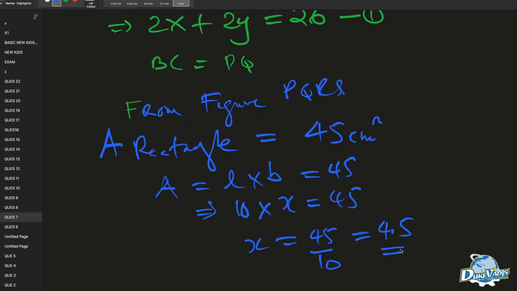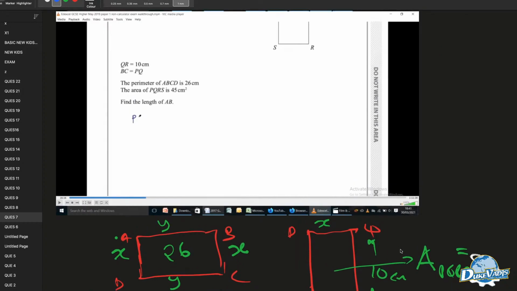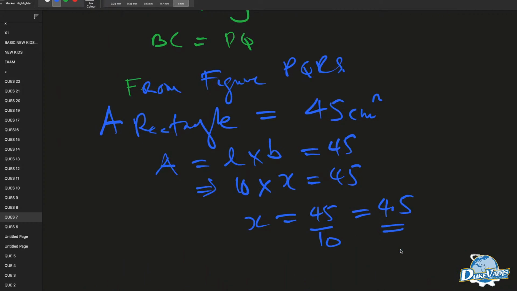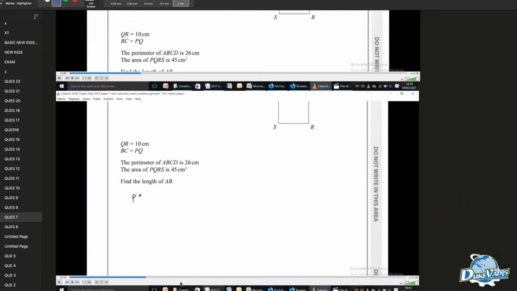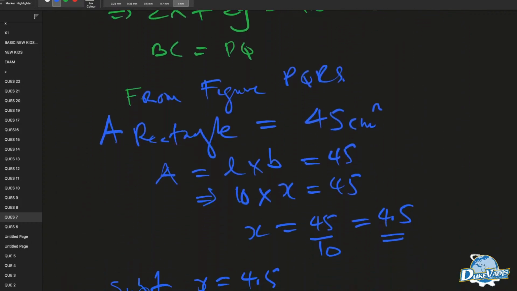Knowing the value of x, the question demands that we calculate the length of AB. So we substitute x equals 4.5 into our perimeter equation: 2 multiplied by 4.5 plus 2y equals 26.